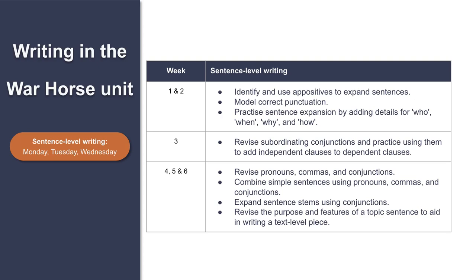In weeks 4, 5, and 6, we revise pronouns, commas, and conjunctions and use these to combine simple sentences. They also use conjunctions to expand sentence stems. Students also revise the purpose and features of a topic sentence to help them write their sentence level piece.